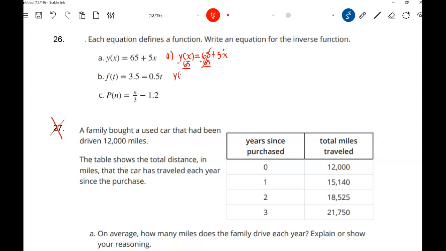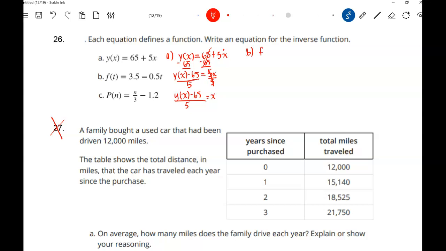On the left, we have y of x minus 65 equals 5x. Now I have to divide everything by 5. The 5s are gone on the right. So my inverse is y of x minus 65 divided by 5 equals x.